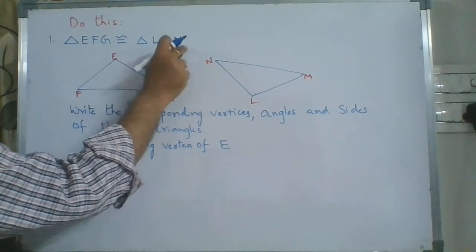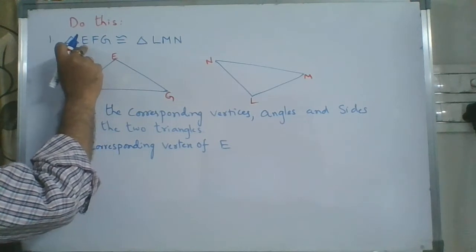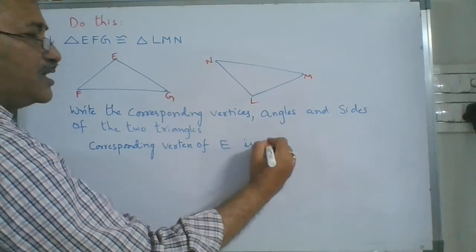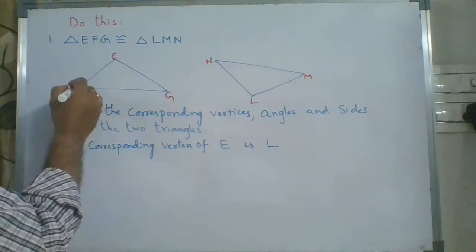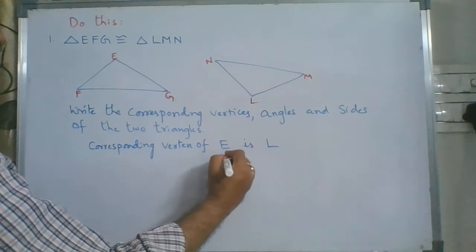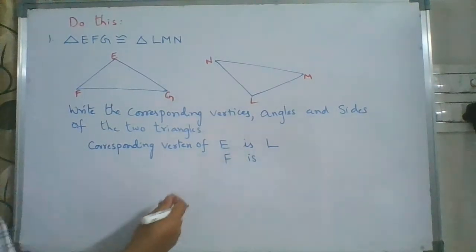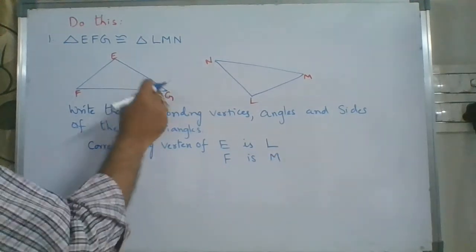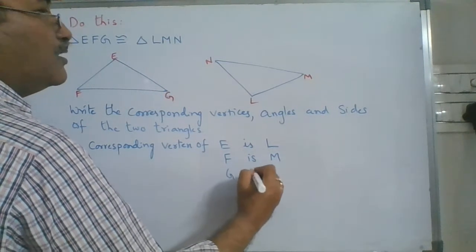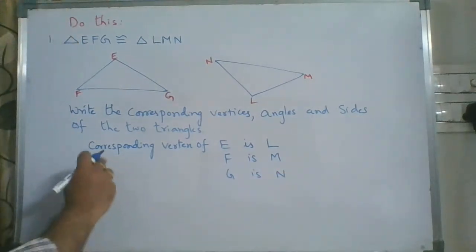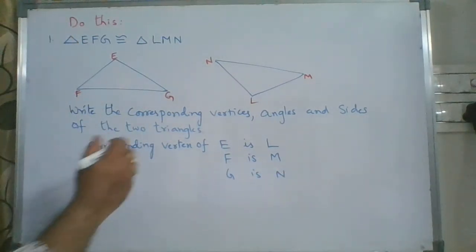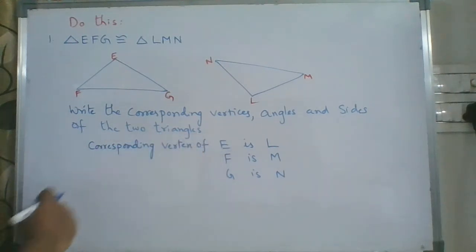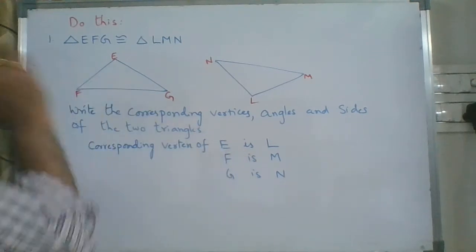Here in this LMN, so the corresponding vertex of E is L. Similarly the vertex of F is M, and G is N. So these are corresponding vertices. So vertex of E is L, F is M, and G is N.